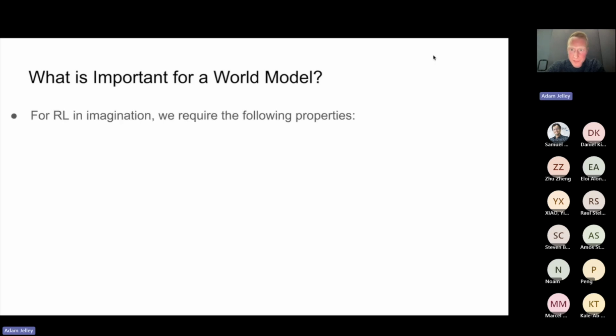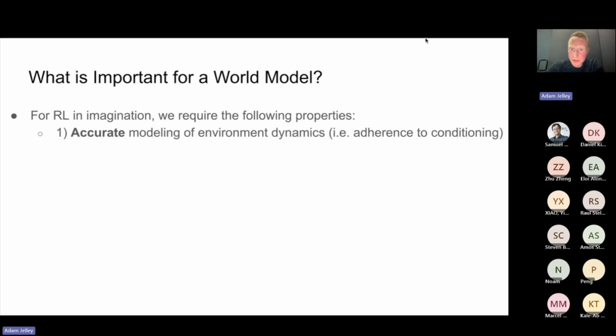But what's important for getting this to work well? Well, in order to do RL in the world model, we require the following properties. So firstly, we need accurate modeling of environment dynamics, which means we need to get the model to accurately reflect the true distribution of states that arise from taking a particular action.